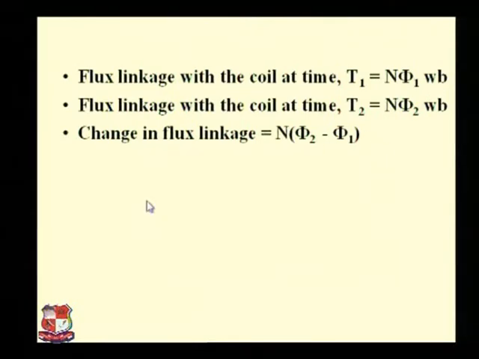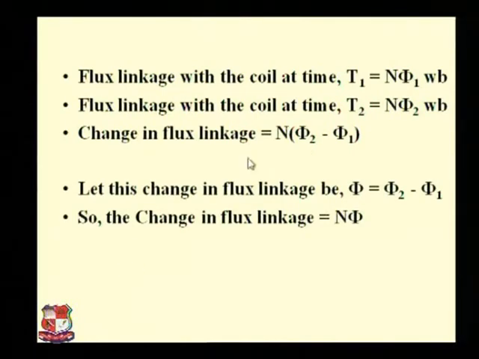So this change in flux linkage is given by N phi 2 minus N phi 1. Taking out N as common, we get N times (phi 2 minus phi 1). Let this change in flux be phi, equal to phi 2 minus phi 1.